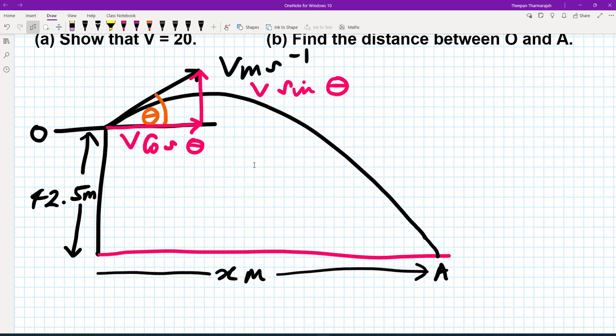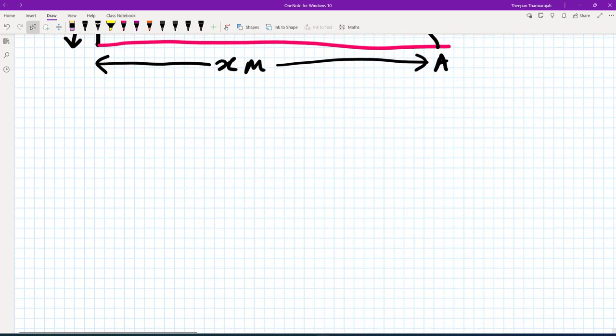So we want to show that v is 20. We can do that by using suvat, and we're going to take upwards as positive. So for part A, we're going to take upwards as positive and use suvat.